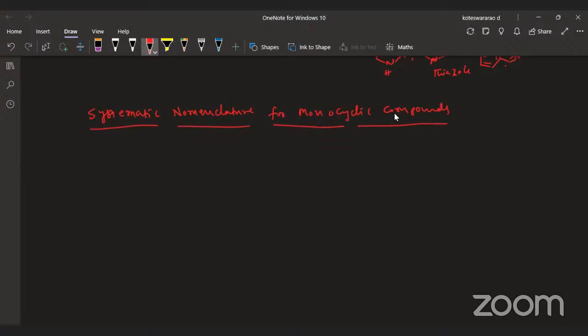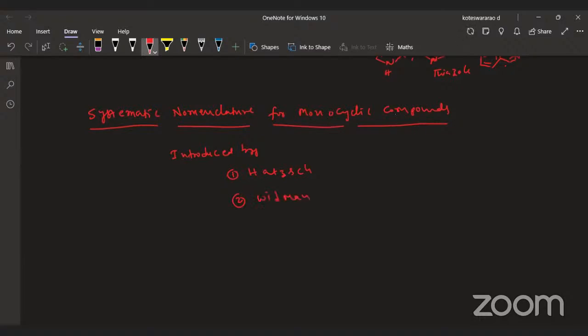This heterocyclic compounds nomenclature was proposed, or introduced, by two scientists. One is Hantzsch, and the second one is Widman.